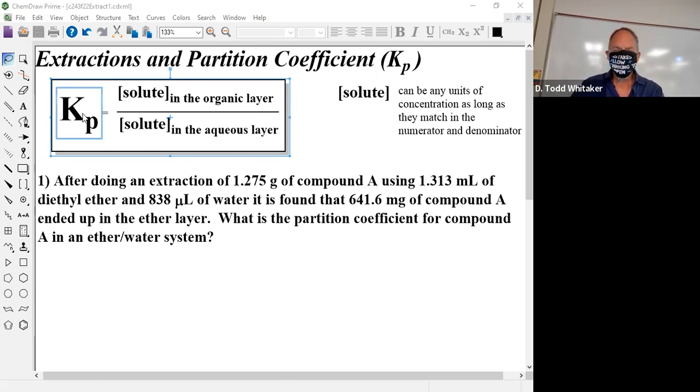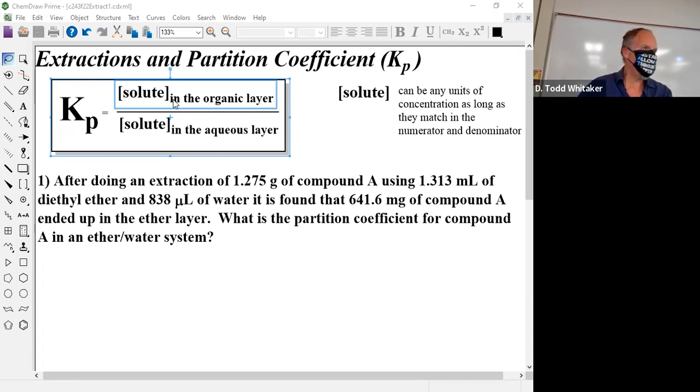All right, so we're going to be mixing a solute, that's a thing that dissolves, in a mixture of two different solvents. There's always going to be an aqueous layer and an organic layer. The definition of Kp is the concentration of the solute in the organic layer.